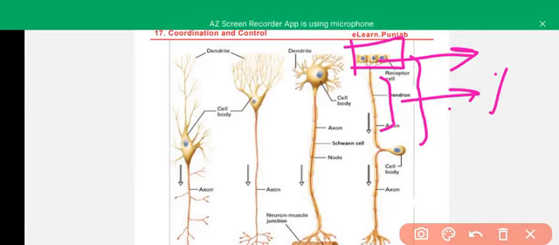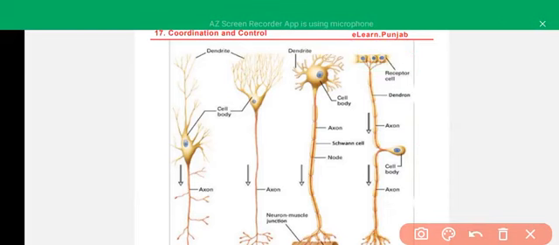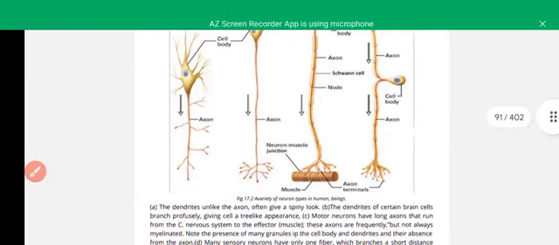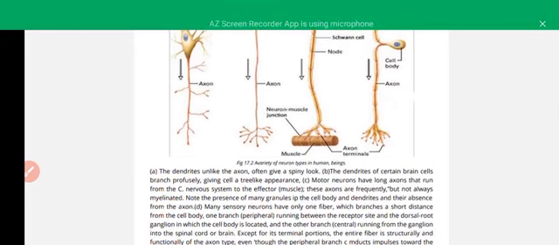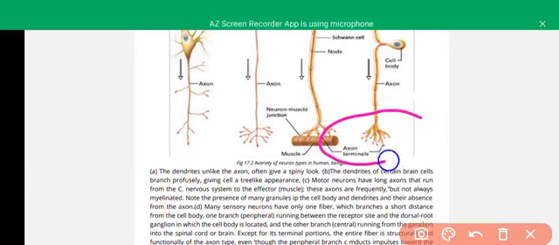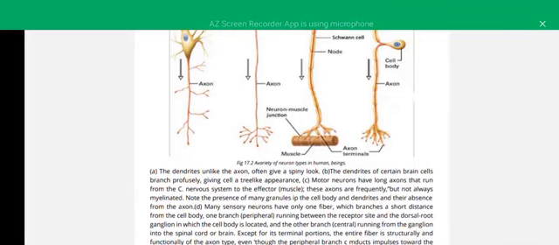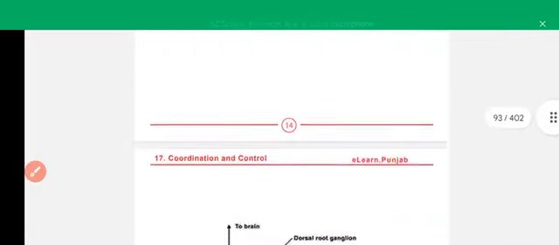As it directs the message toward the cell body, it is called a dendron. The part that takes the message away from the cell body is called the axon. Then there are the end terminals of axons, called axon terminals, that help in synapses and connections with other neurons or with muscles or effectors.